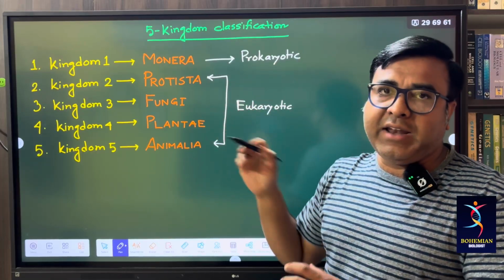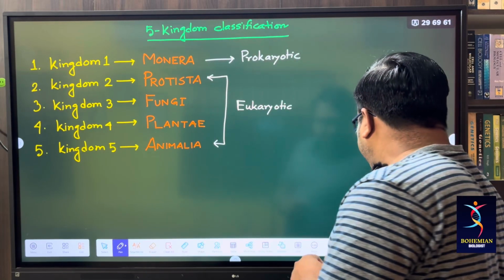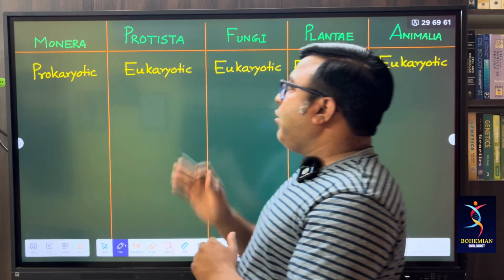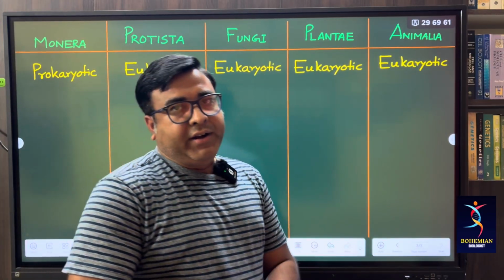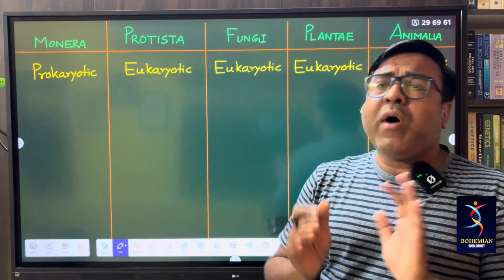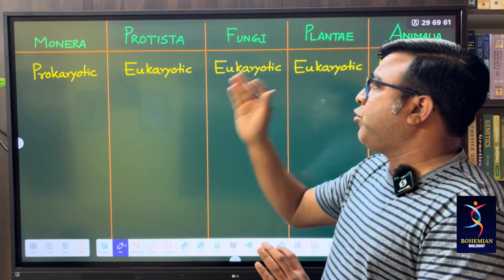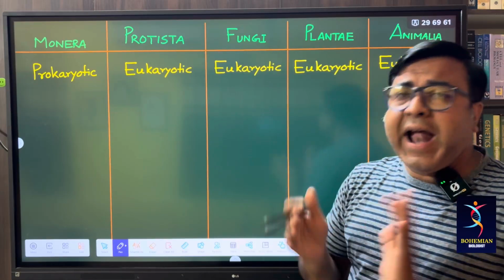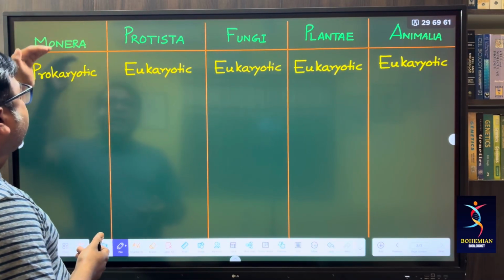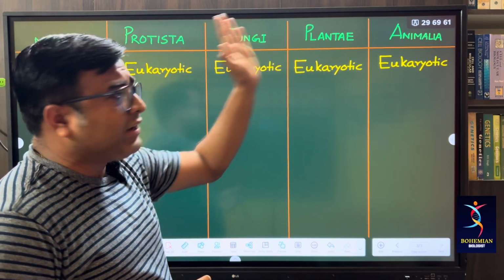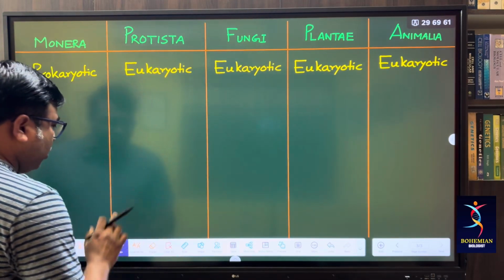Fungi, Plantae and Animalia. In brief, I will discuss Monera, Protista, Fungi, Plantae and Animalia, their distinctive characters. What are the major differences between them? First of all, I have already discussed that Monera is prokaryotic and the rest are all eukaryotic.